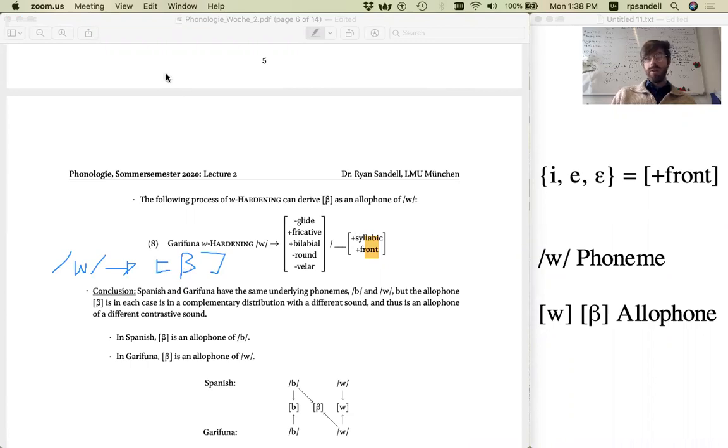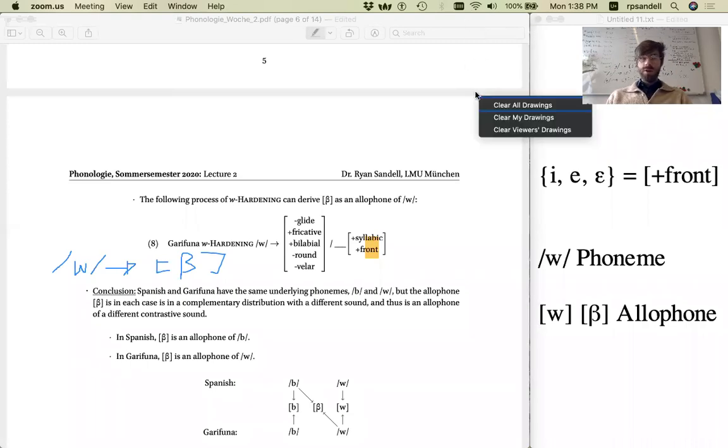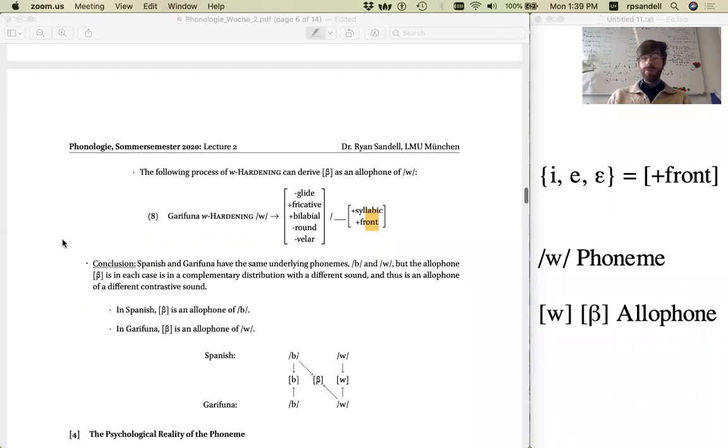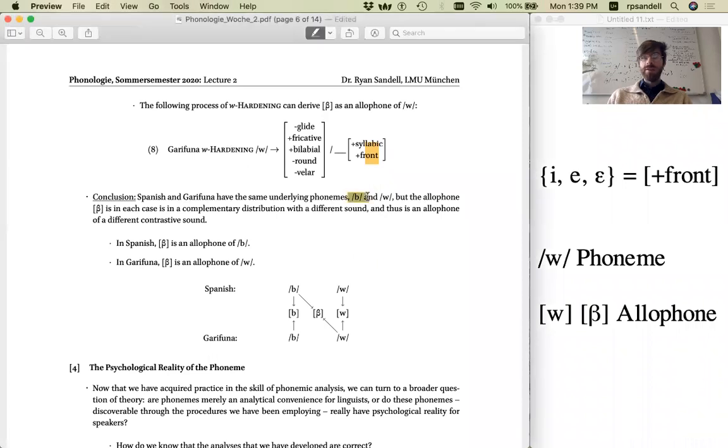So when a rule isn't affecting more than one sound, it's completely reasonable to simply use the symbols of the International Phonetic Alphabet. Okay, so having seen these two cases, we can draw a couple of general conclusions. So we can see that Spanish and Garifuna both have the same underlying phonemes. Recall for both languages, we posited an underlying phoneme of a bilabial stop and a labiovelar glide.